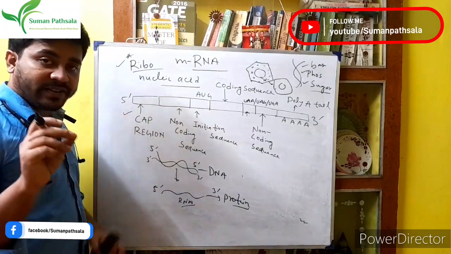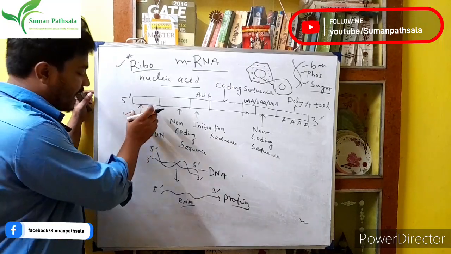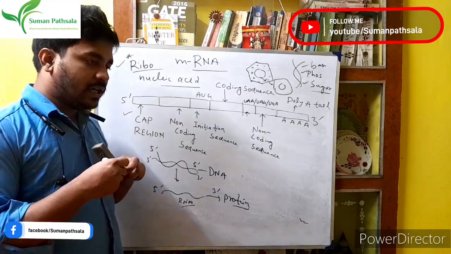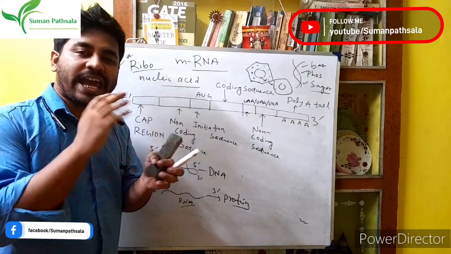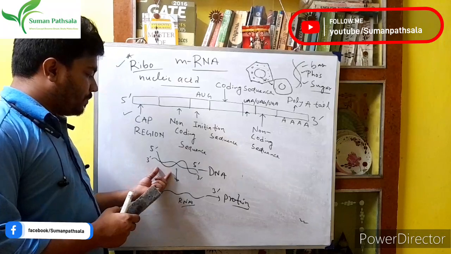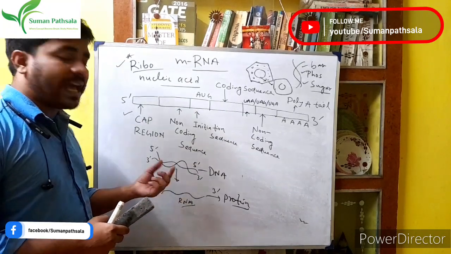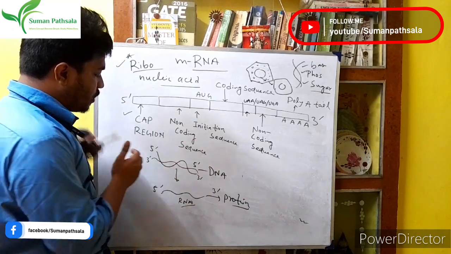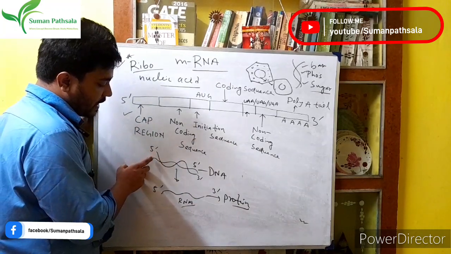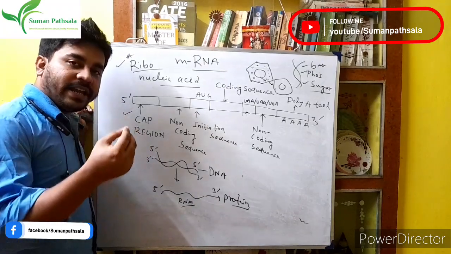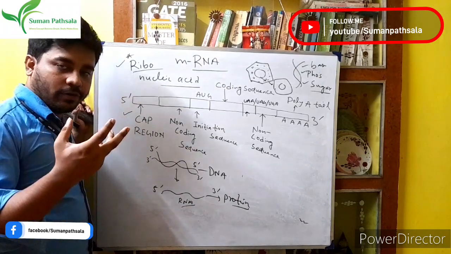So you have to remember that in case of RNA, they have the ability to join with other sequences. Because in case of DNA, we all know that DNA has the double strand. So here, at the end of the 5' region, it has the tendency to join with another sequence.